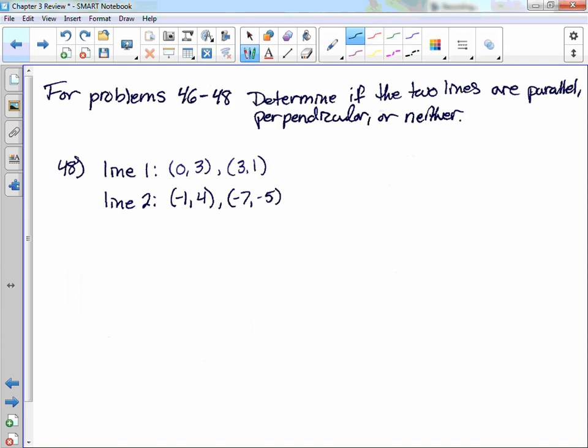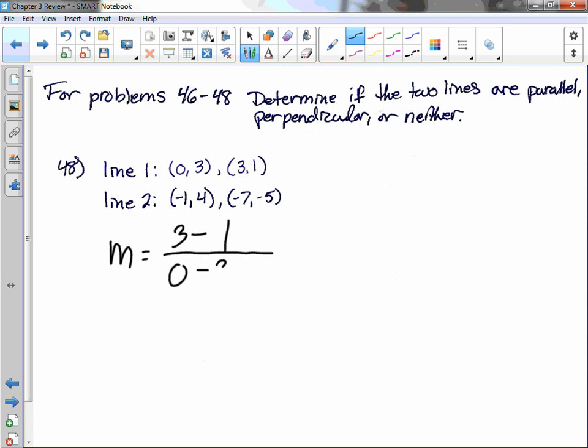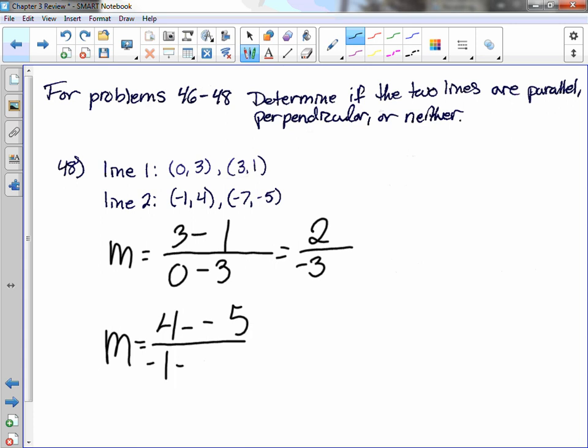So, for line 1, we'll have 3 minus 1 over 0 minus 3. Well, 3 minus 1 is 2 over negative 3, so we have negative 2/3. Now, the slope for the other one will have 4 minus negative 5 over -1 minus -7.